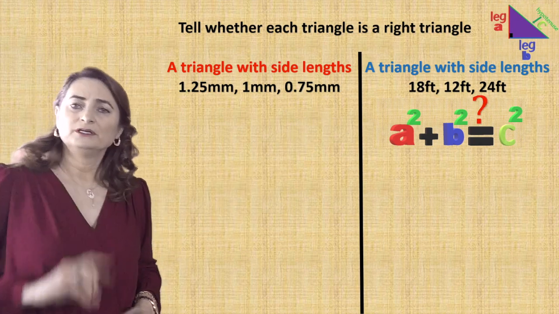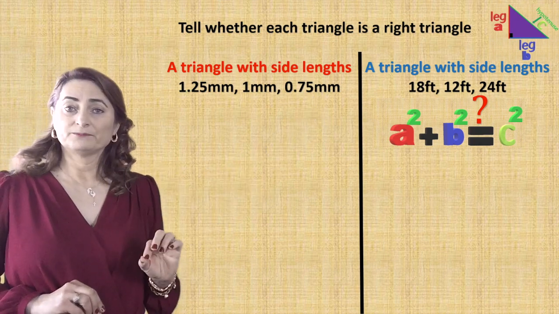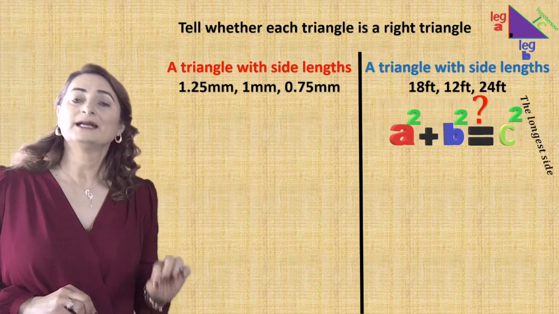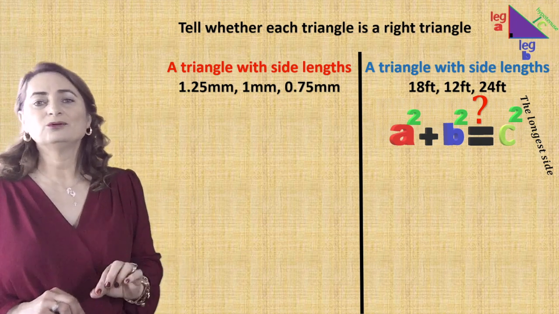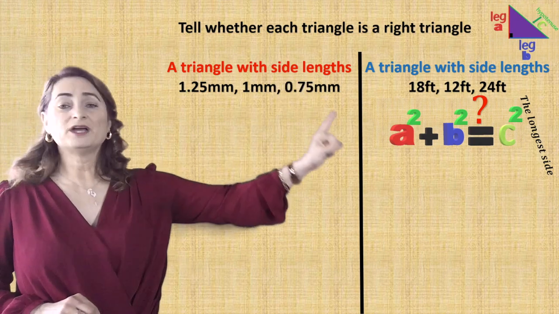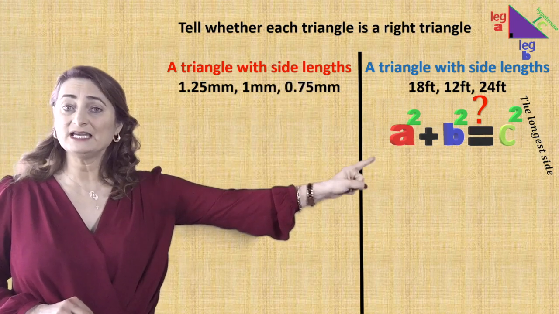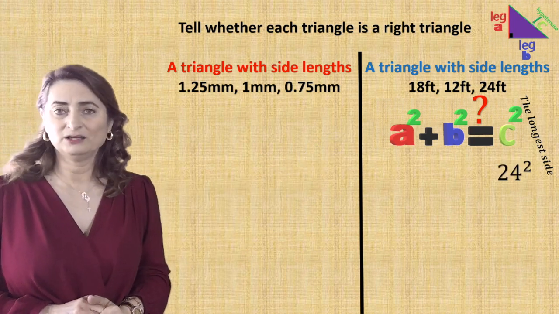The first number that you need to think about is the biggest number, because the biggest number represents the longest side of the right triangle, which is the hypotenuse. The biggest number is 24, so that would be the hypotenuse, which is C.